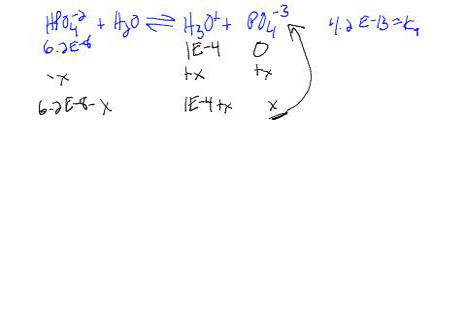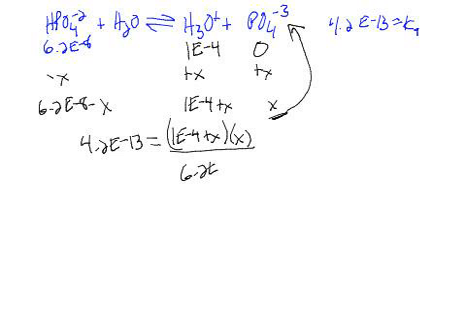Relative to 1 e negative 4, this x is not significant. But my K was 4.2 e negative 13 equals 1 e negative 4 plus x times x over 6.2 e negative 8 minus x.